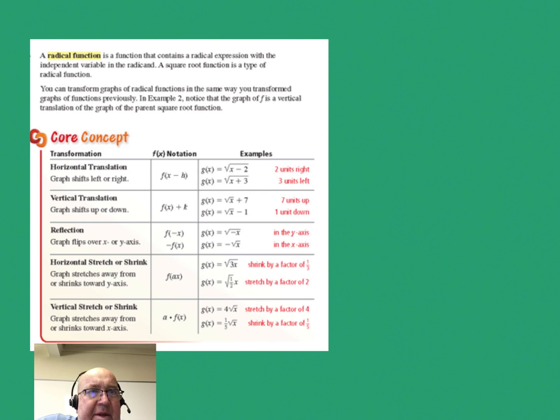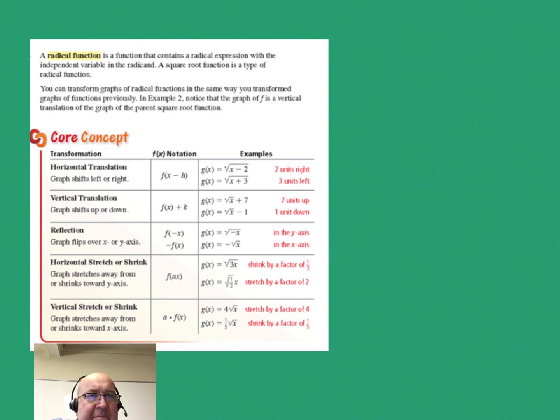If you have a negative inside the radical, the graph is going to flip over the y-axis. So instead of going out and to the right, it's going to go out and to the left. And if you have a negative in front of the radical, it's going to flip over the x-axis and would still go out to the right.